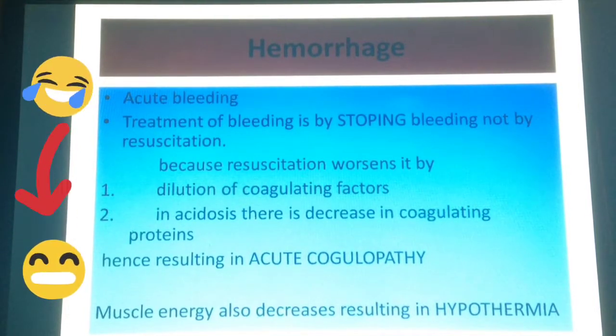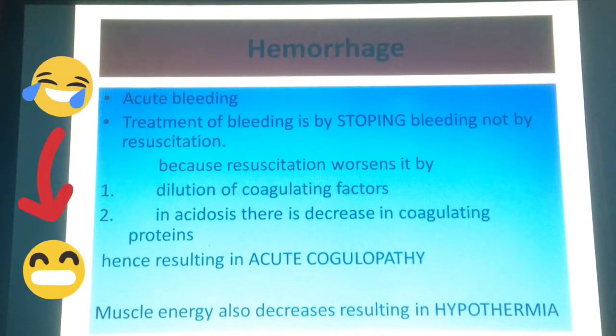How? Basically, if we infuse a lot of fluid and the patient is still bleeding, the coagulating response caused by the platelets would decrease because of the dilution caused by resuscitation. At the same time, the body enters a state of shock, which results in acidosis.